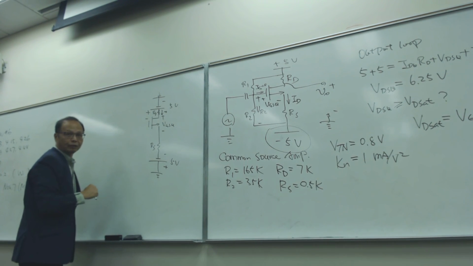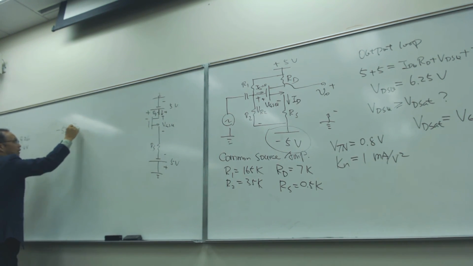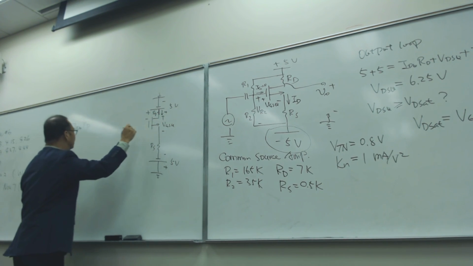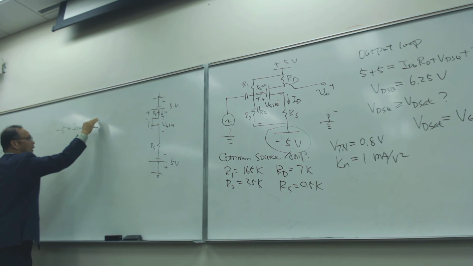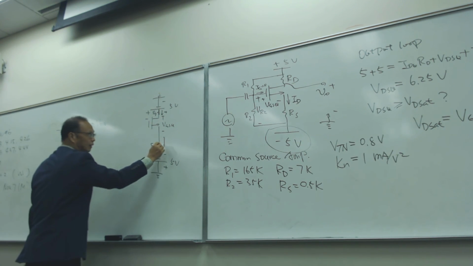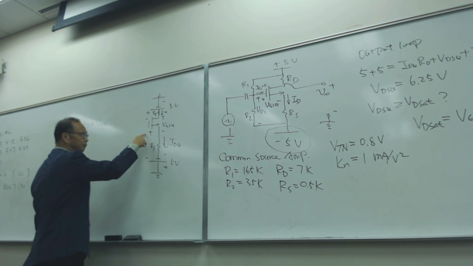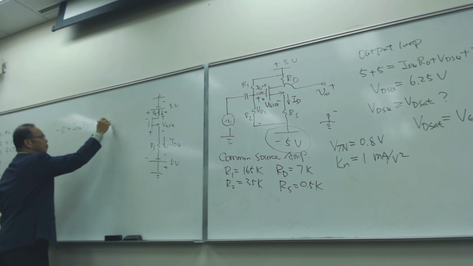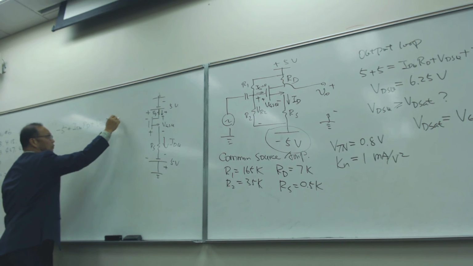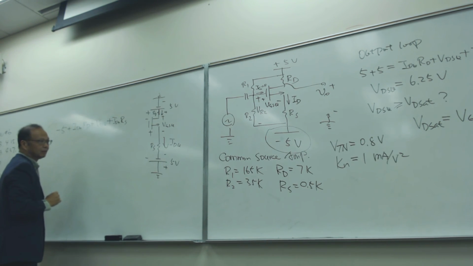The only problem with the current is plus or minus. Because the current is going down, it's IDQ RD. Then this is plus again, VDSQ. And then this current is again the same, IDQ, so that's the polarity of the drop, so that's plus IDQ RS.